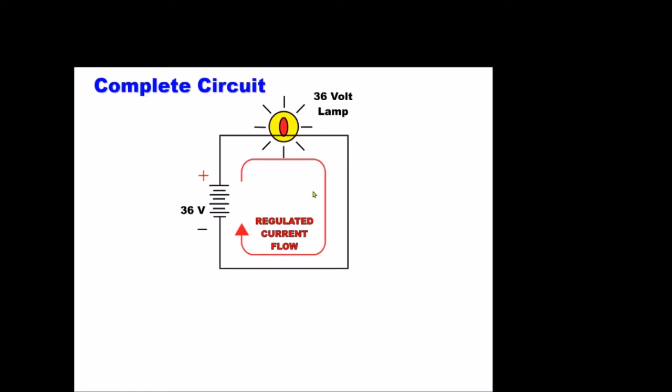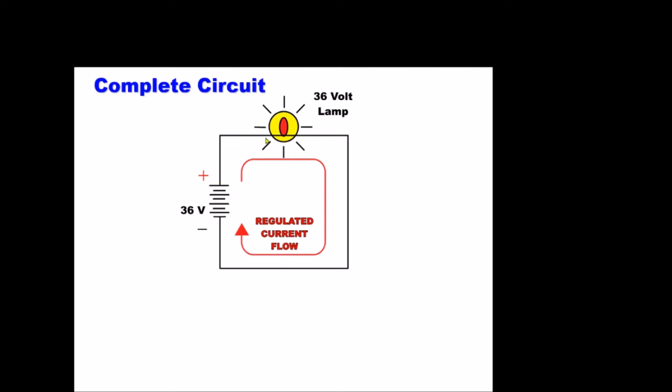Now what we could do also is measure the voltage drop across that lamp. We can put our meter right here. Anywhere along this path is going to be basically 0 volts, because we're going to use this as our reference. Anywhere on this side of the lamp is going to be 36 volts.